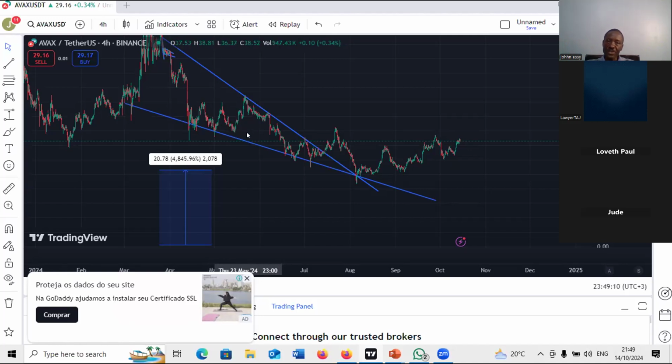So you will get some flags. You will get maybe the W, the double bottom. Look at that. This is a double bottom. You will also get, this is a triple bottom, sorry, because we have this, we have that, we have that. We have a triple bottom. Yes, this is a triple bottom.